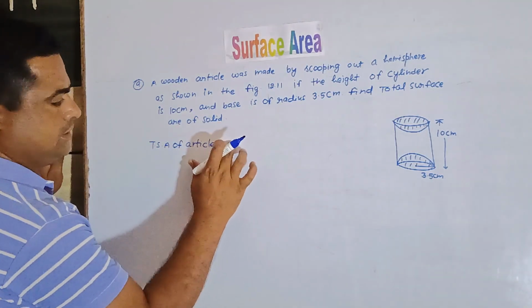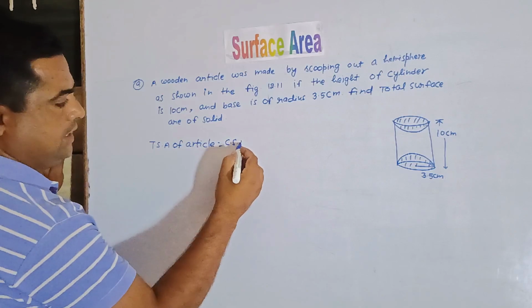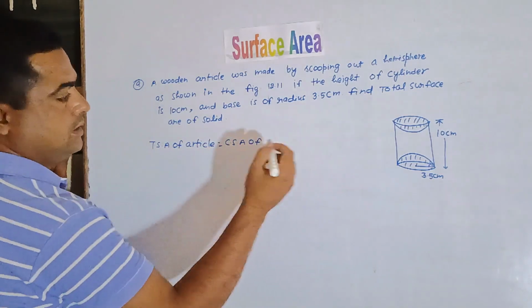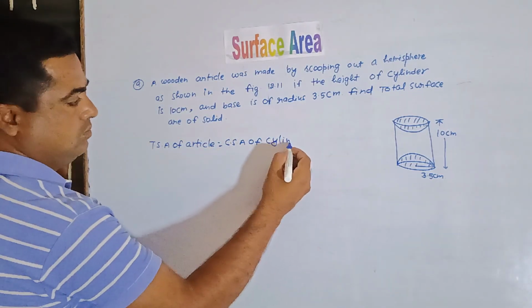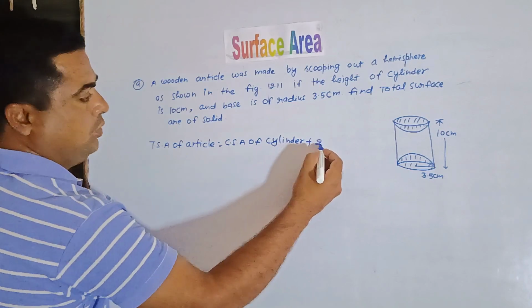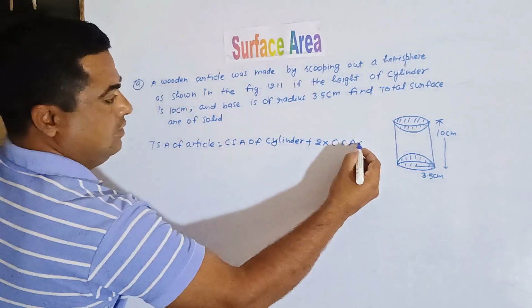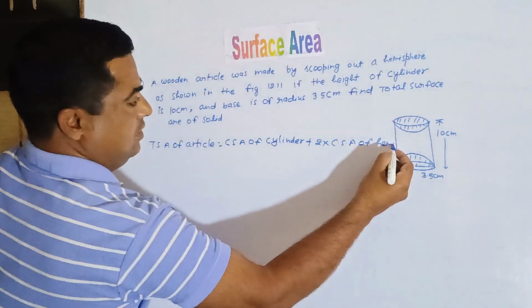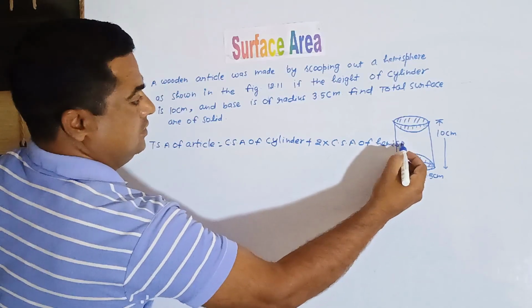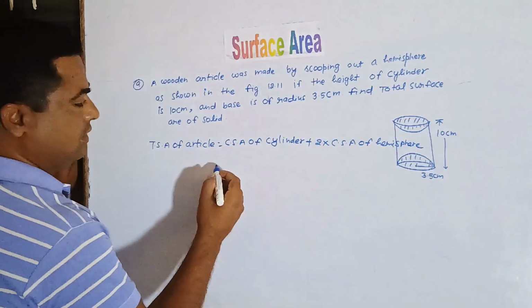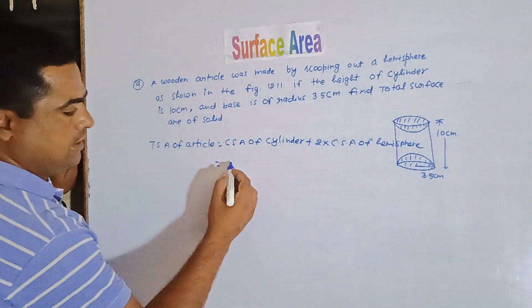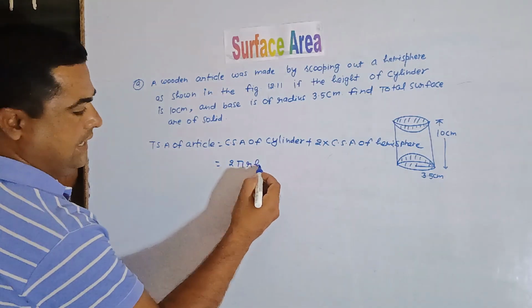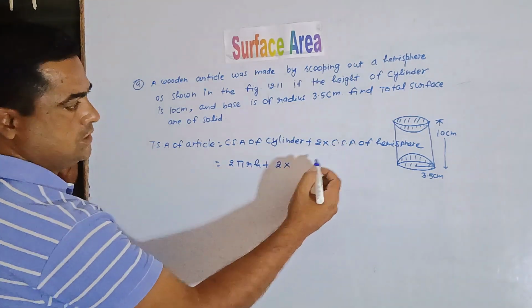Total surface area of the article will be the curved surface area of the cylinder plus 2 into the curved surface area of the hemispheres. We can write here. Now what is the curved surface area of the cylinder? We know very well, 2 pi r h, plus 2 into the curved surface area of the hemisphere.